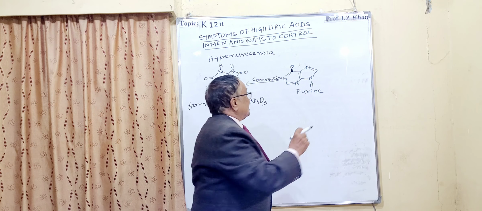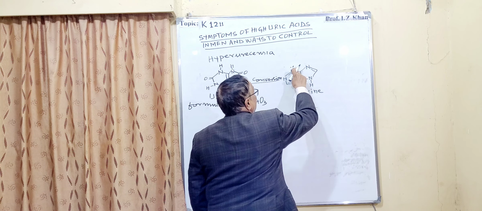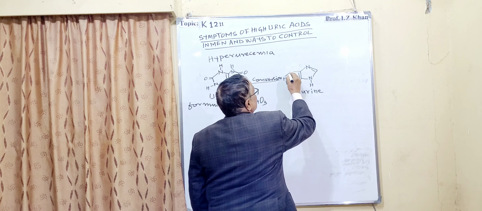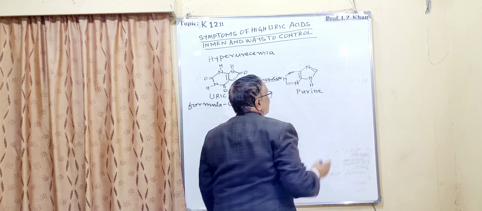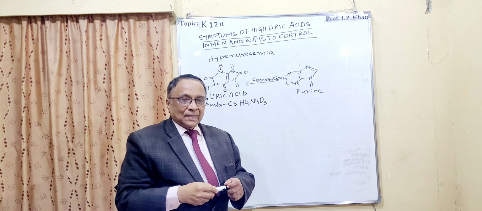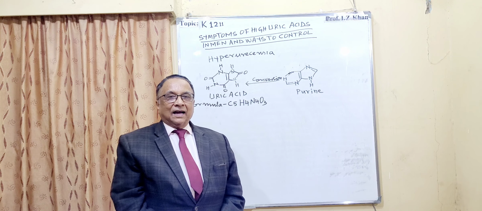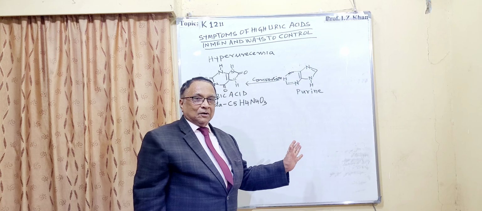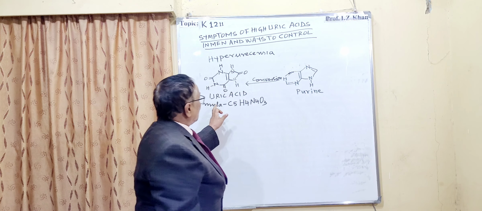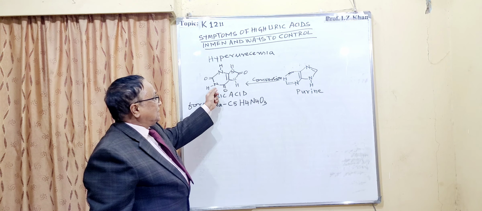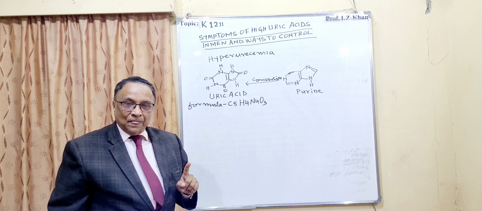So this is very important to understand that this nucleus, purine, is the material of our DNA, and it is converted in our body, the same purine, into uric acid. This is the uric acid, it is water soluble.